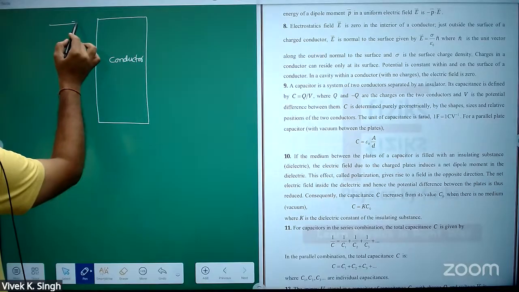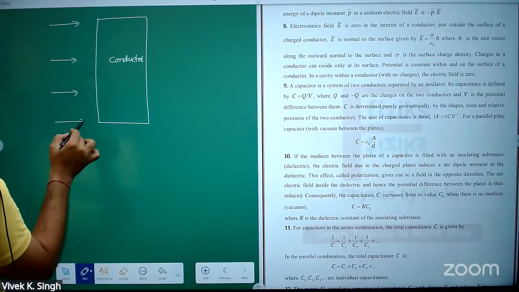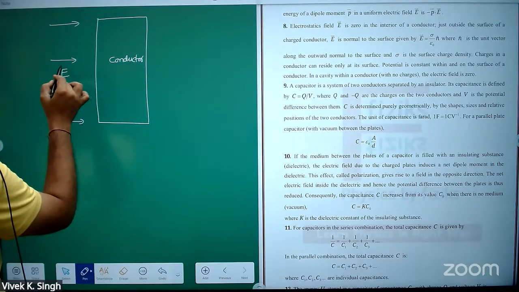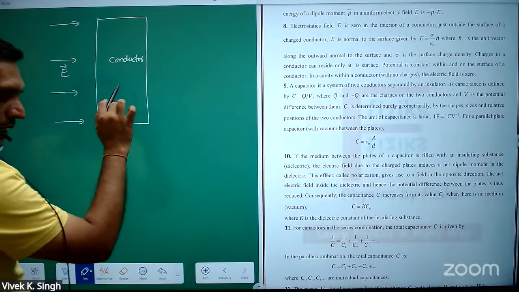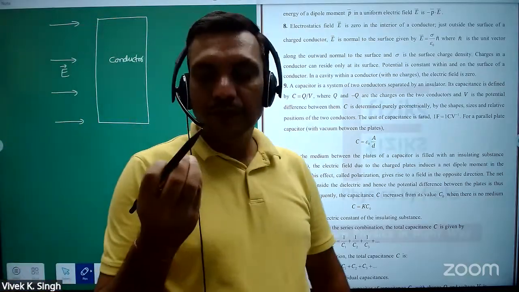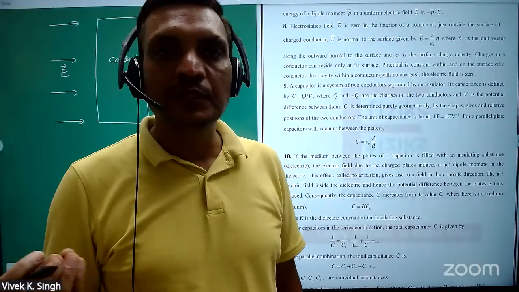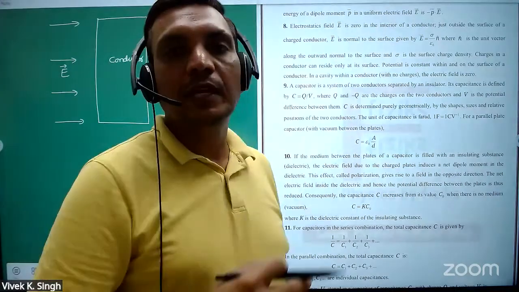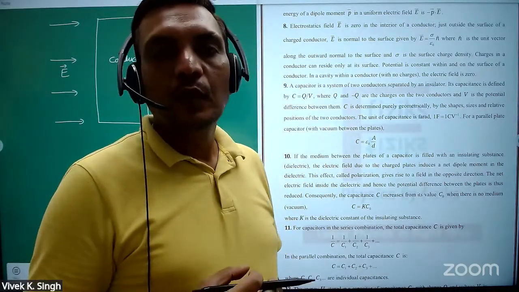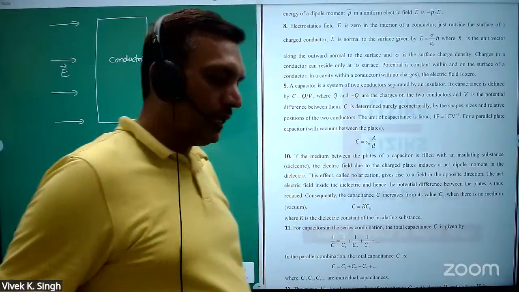If this conductor is placed in some external field, what will happen? In a conducting material, there are regular arrangements of atoms, but one or two electrons are free from their particular atom. So they are free to move. So there will be free electrons in a conductor.